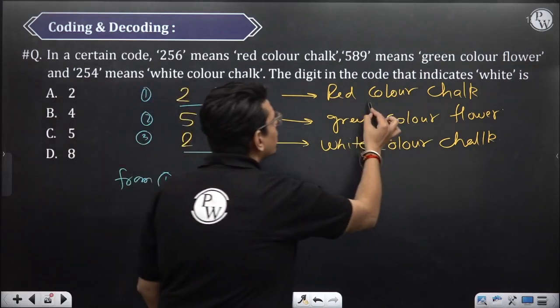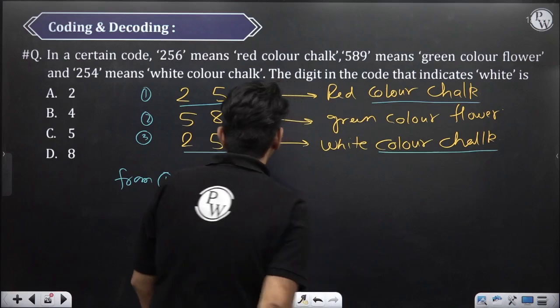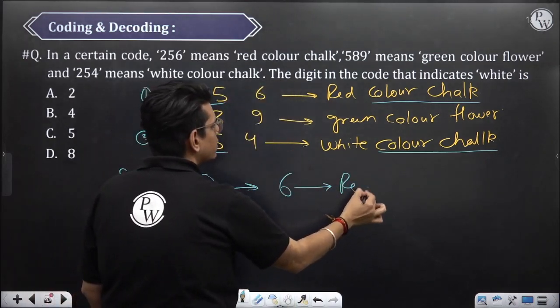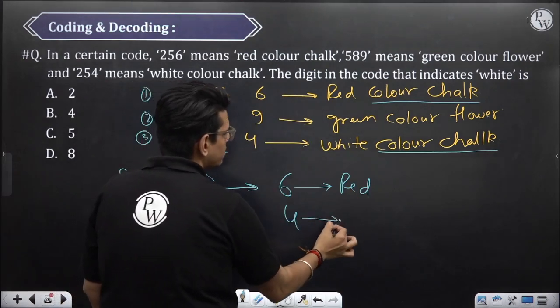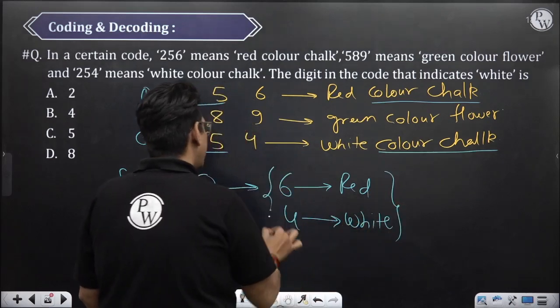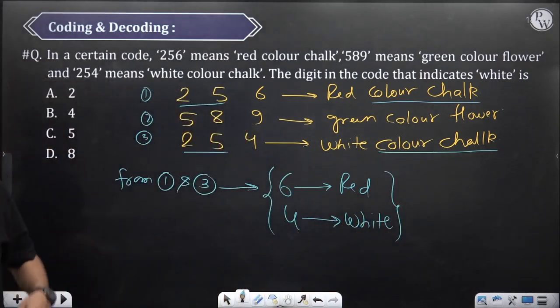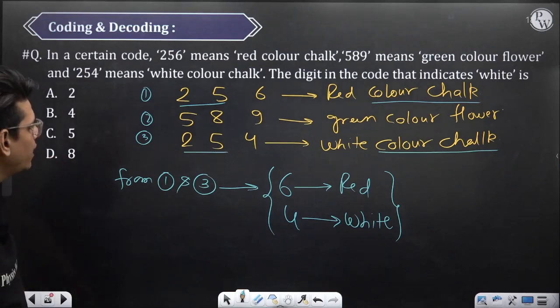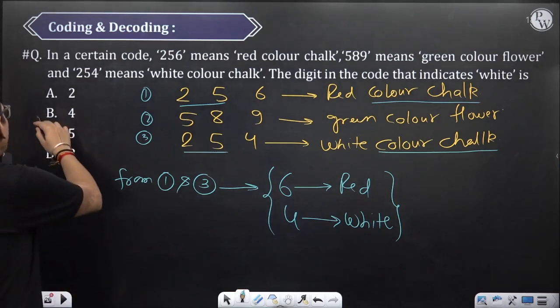Here color chalk and color chalk is common. What is left? 6 is left. So 6 is red. Similarly here 4 is left. 4 is white. This was much easier than the previous questions where we had to compare two times. Here we have to compare only one time. So the code for white is 4.